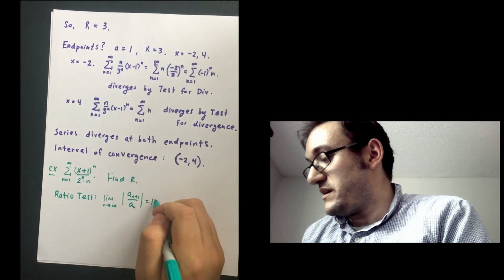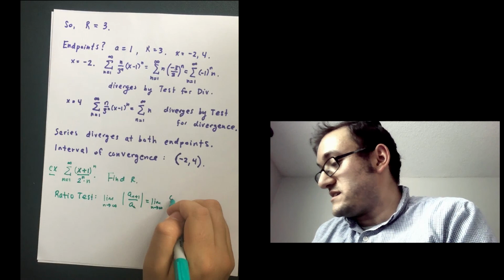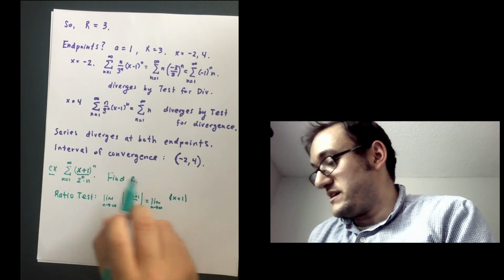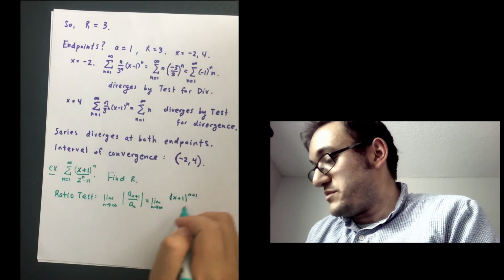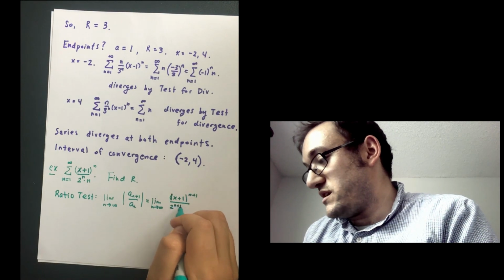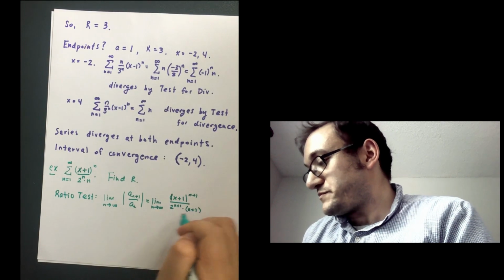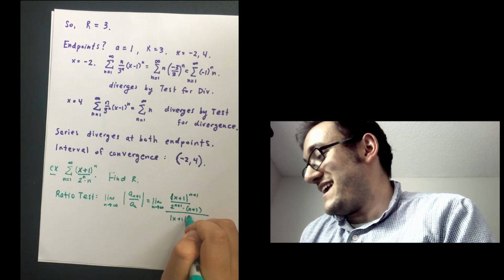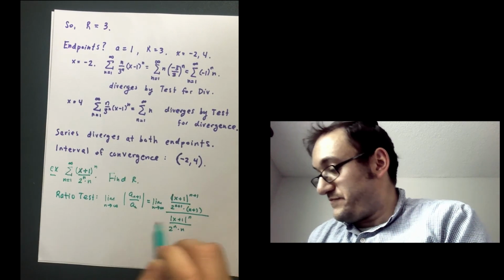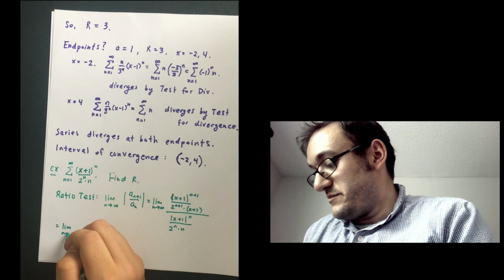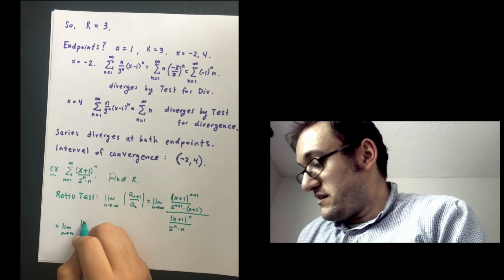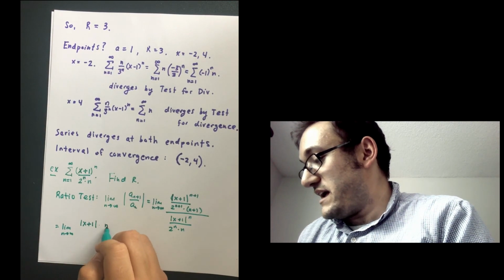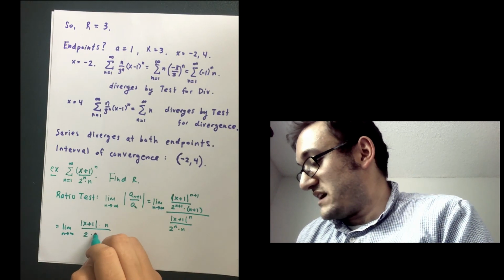This is equal to the limit as n goes to infinity of, now I'm just going to put the x plus 1 in brackets, in absolute value because everything else is positive, x plus 1 to the n plus 1 divided by 2 to the n plus 1 times n plus 1, divided by the absolute value of x plus 1 to the n divided by 2 to the n times n. Okay, that's equal to the limit as n goes to infinity of the absolute value of x plus 1 times n divided by 2 times n plus 1.